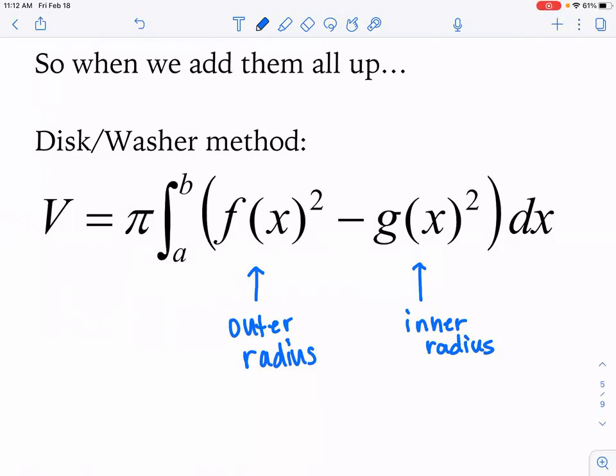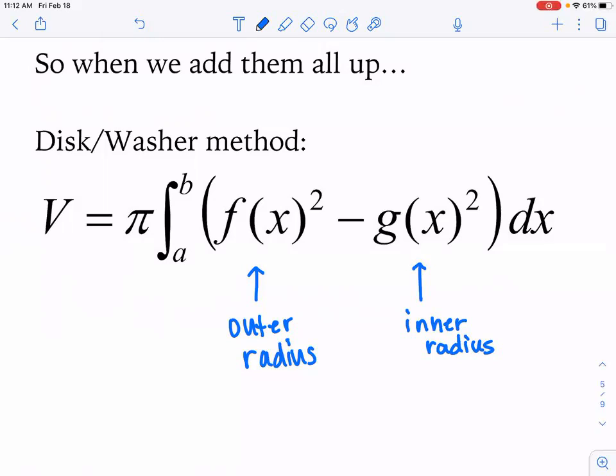Okay, so again, our limits of integration are going to come from where our region starts and stops, so potentially intersection points. Our outer radius is going to be the one furthest from the axis that we're rotating about, and our inner radius is going to be the closer one.